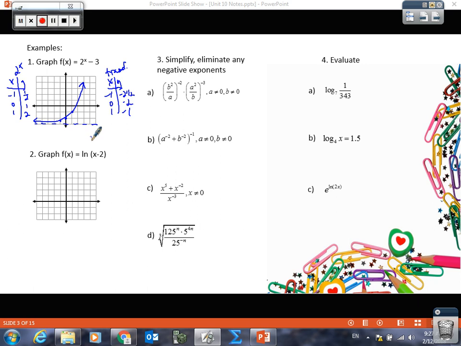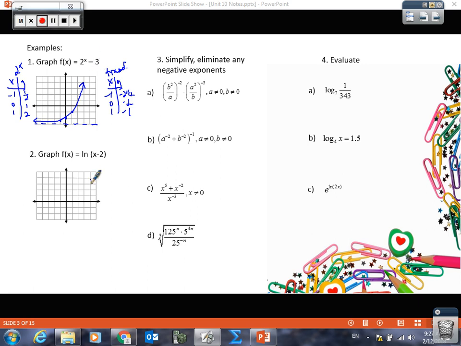Think about it. If I had an x shift and I moved left or right, that's not going to change the location of the asymptote, right? Or if I had a 3 multiplier and made it bigger, it's not going to change the asymptote. The only thing that's going to change the asymptote is an up or down y shift.